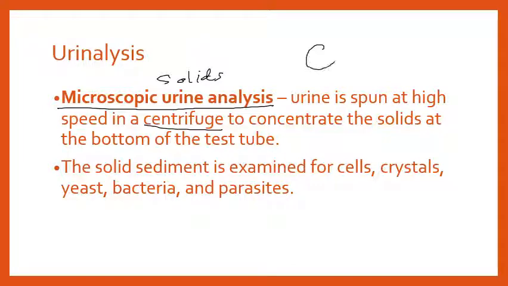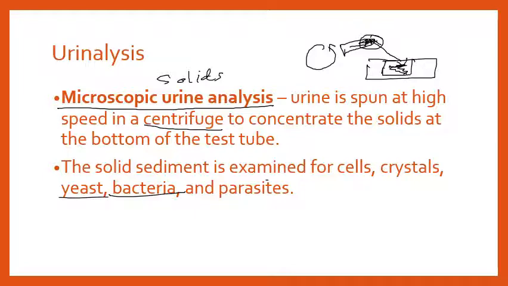Basically, they spin it at extremely high rates, and in that tube filled with urine, all the solids will be pushed to the outside. You collect those and put them on a microscope slide. Here's my microscope slide. You spread them onto your slide, and then you're able to look and see what's going on.